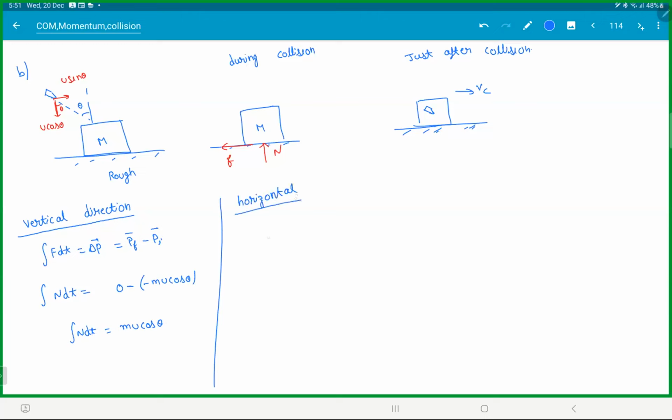Same thing in the horizontal direction. Friction is backward, so minus F is equal to change in horizontal momentum in the horizontal direction. That would be (M plus m) v common minus m u sin theta. But I know friction is nothing but mu into integral N dt.